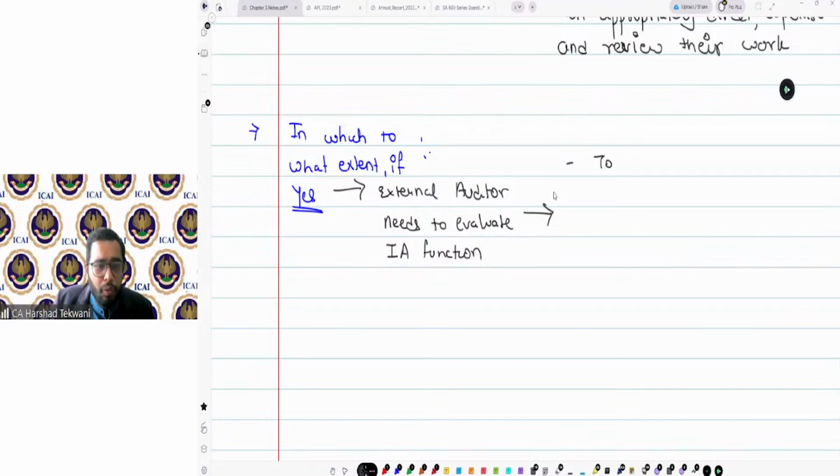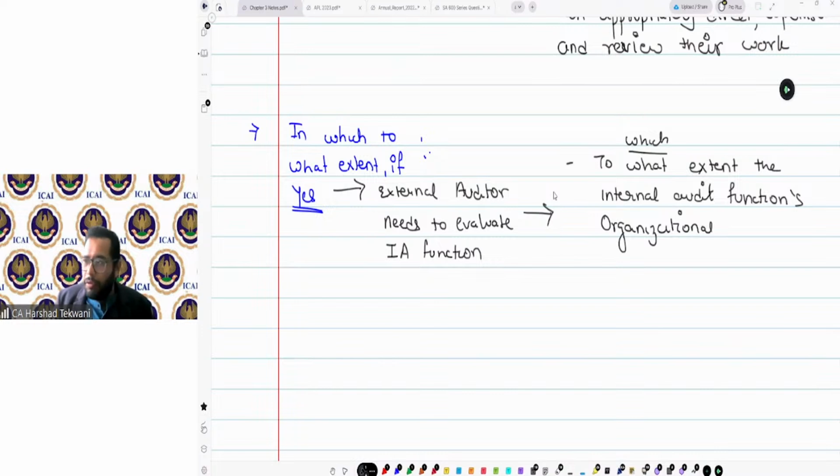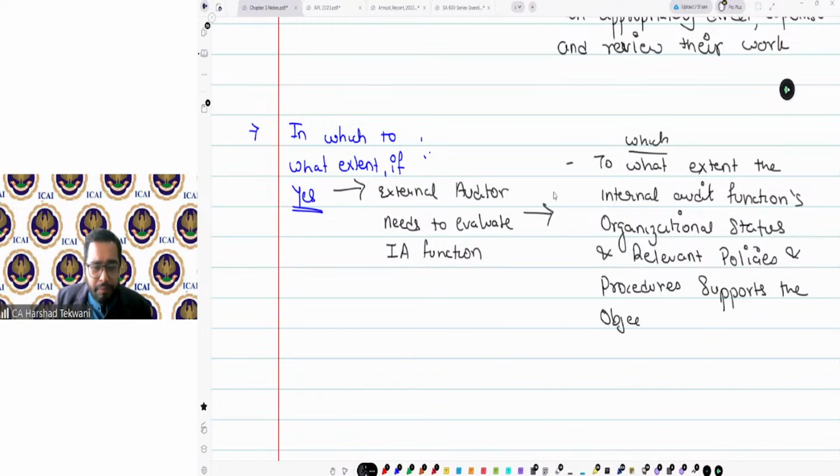Number one, to what extent the internal audit function's organizational status and relevant policies and procedures support the objectivity of the internal auditor.